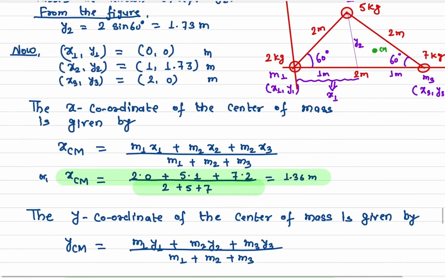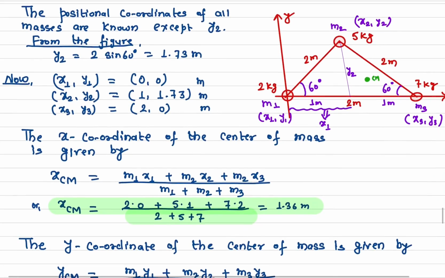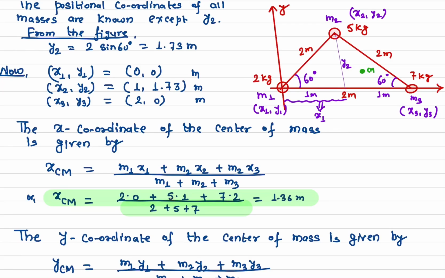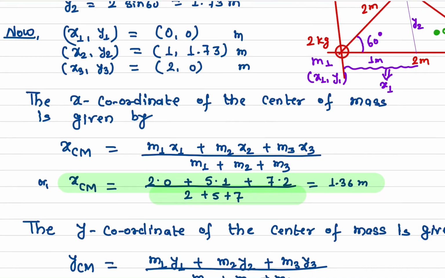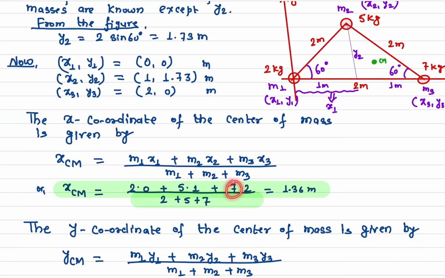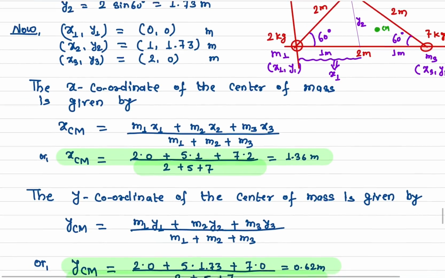M1 is given, which is 2 kilograms. The position x1 is 0. M2 is 5 kilograms, and x2 we have already calculated, which is 1. This is m3. M3 is 7 kilograms, and x3 is 2. If we plug in all the values, what you get is 1.36 meters.